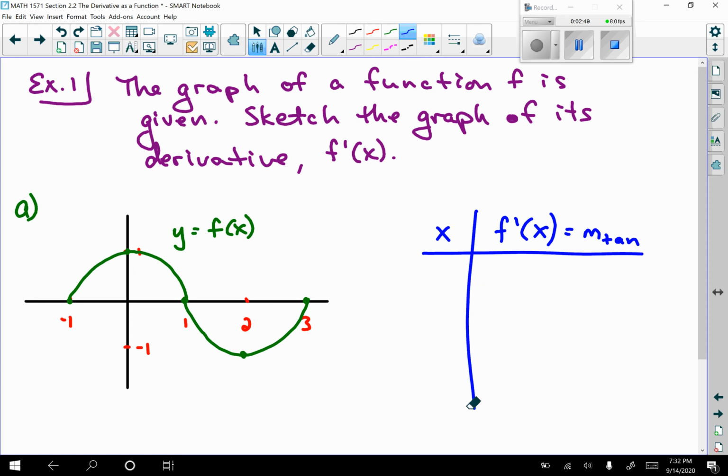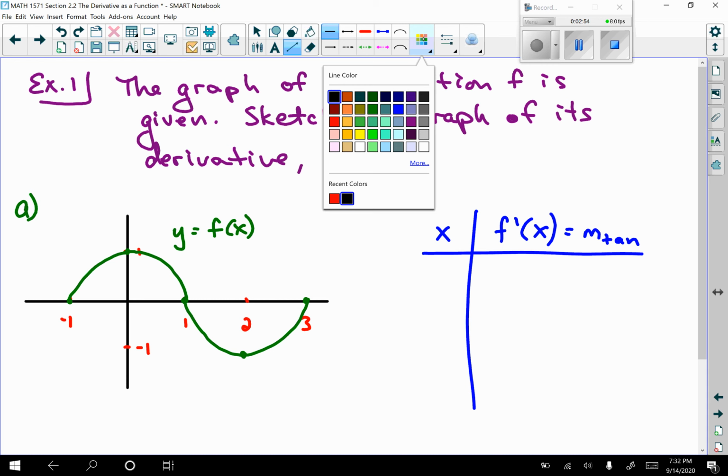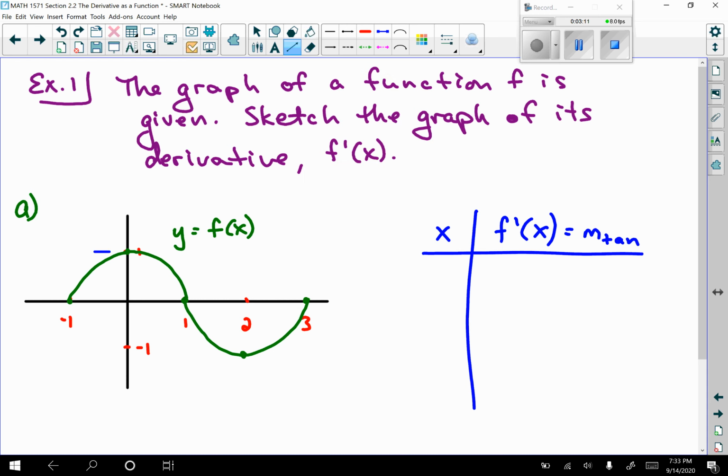One thing I'm going to do is draw in a series of lines, and let's make them blue. The easiest type of line to identify the slope of is a horizontal line, because the slope of a horizontal line is what, guys? It's 0. So right up here at the top, I'm going to draw in a tangent line.